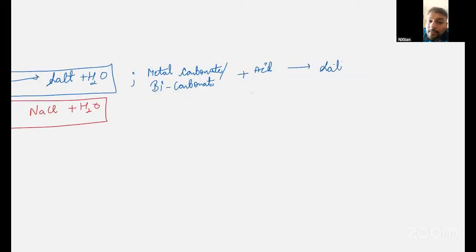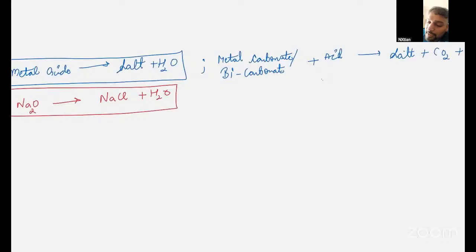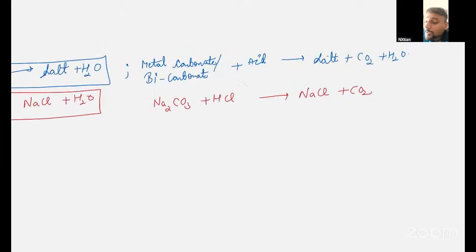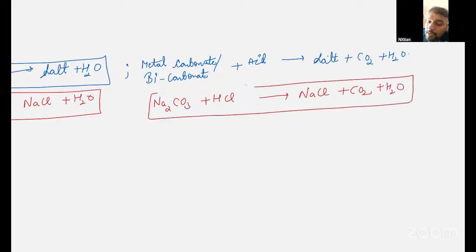Because carbonate is there, salt will come and CO2 gas plus H2O will also be released. For example, metal carbonate like Na2CO3 plus HCl will give NaCl plus carbon dioxide and H2O. So from all these methods we can get salt.